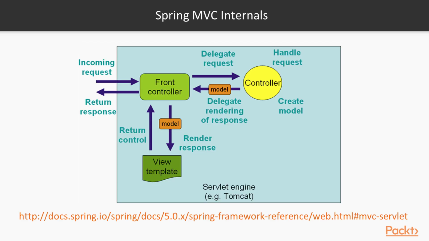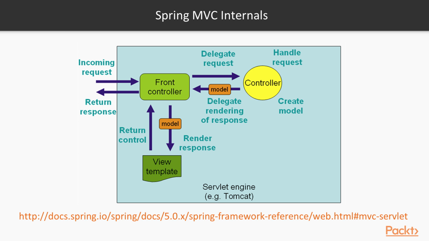Now let's take a look at Spring MVC internals, how the MVC pattern is implemented in Spring framework. In this slide we can see the flow, how a request is coming to the web application and how it is handled within the application.